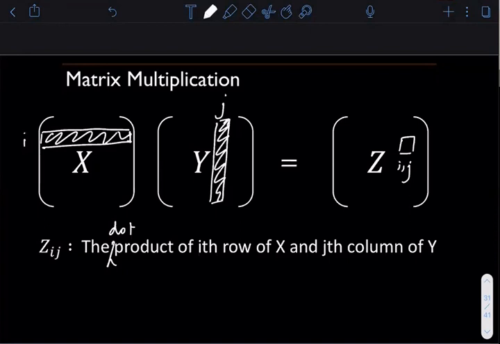What I'm really trying to say is Z_ij will be equal to, if I want to write the summation, let's see who remembers matrix products. How should I write this?